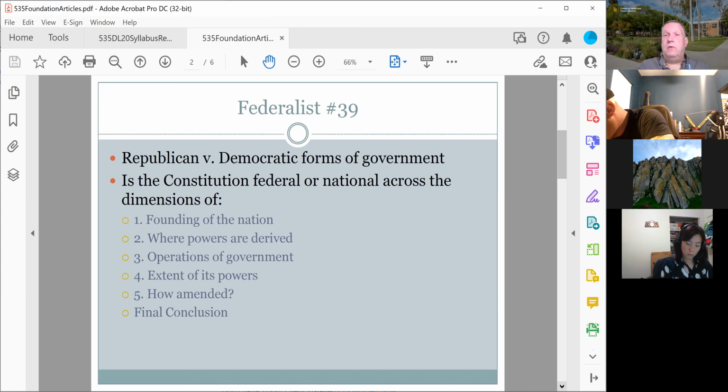Well, that's a very useful argument for him to make, because it helps support his argument that this new Constitution shouldn't be something that anti-federalists are afraid of, because the states really created it, and so the states have primacy.